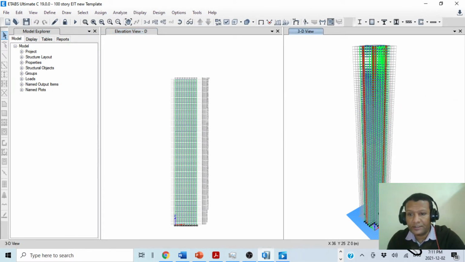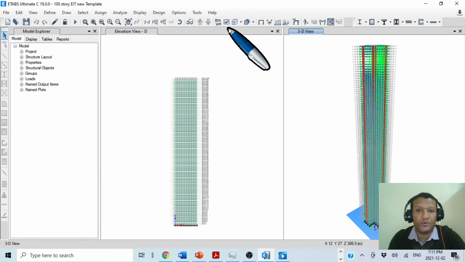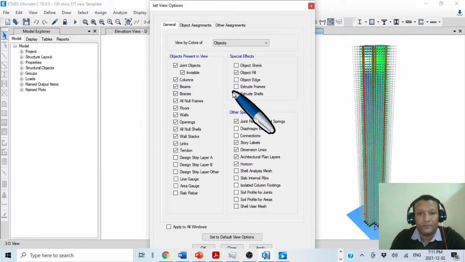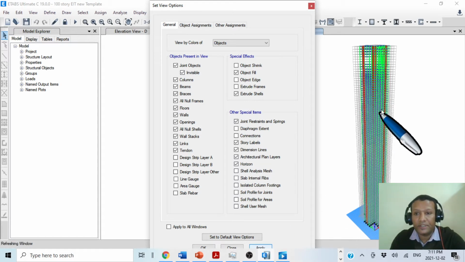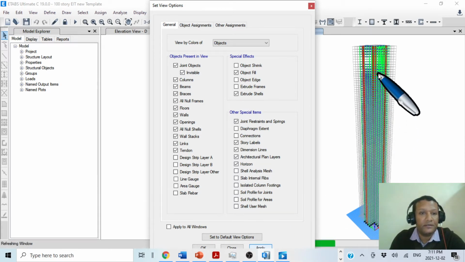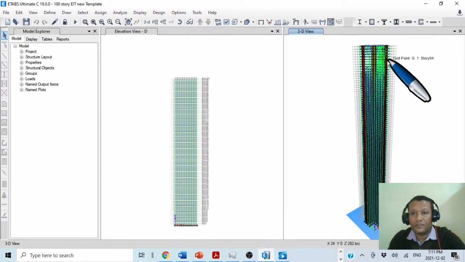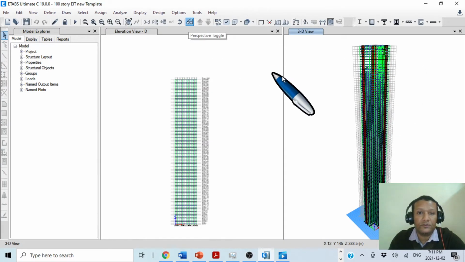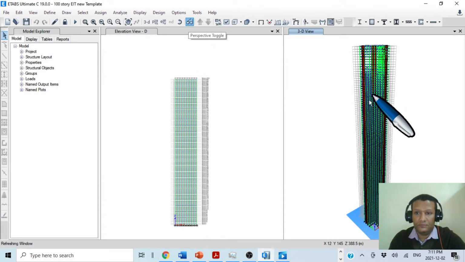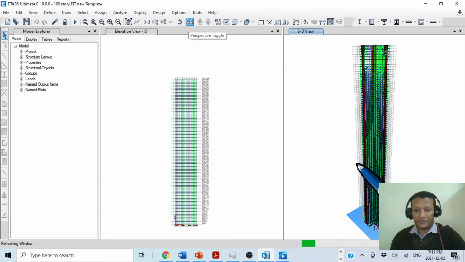It's open already. This is also a regular type of building. All material properties, loadings, you see, this is also a 100 story building.